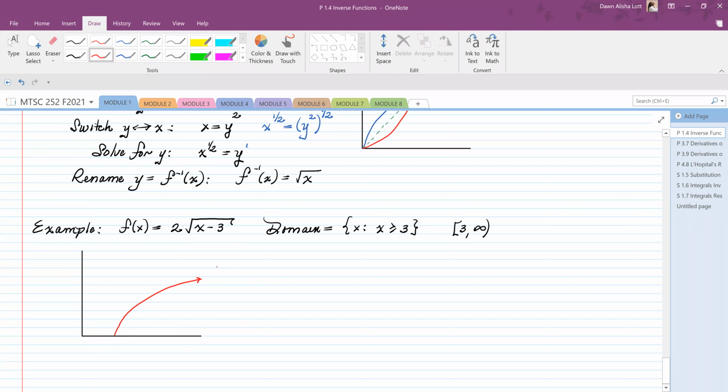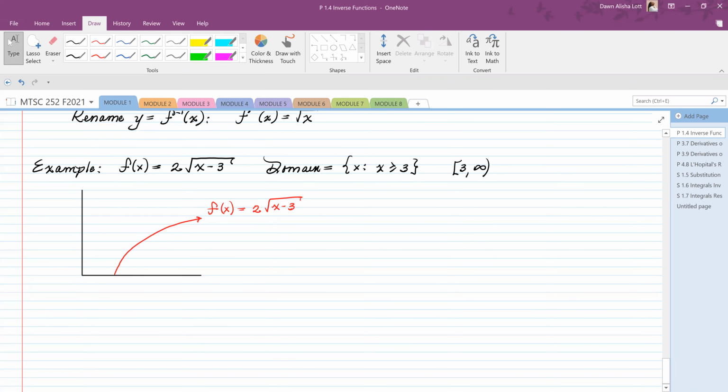So this is f of x is 2 times the square root of x minus 3. Okay. All right, let's find the inverse. What's the first step to finding the inverse?